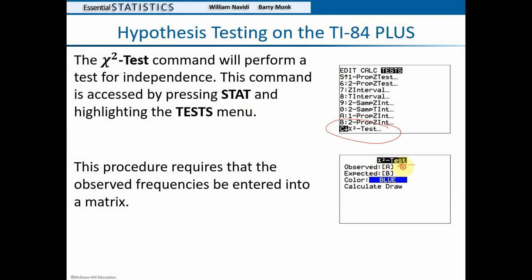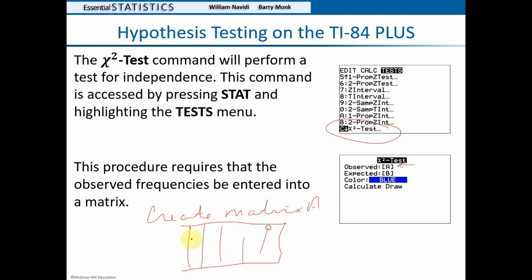All we need to do is create matrix A. So rows by columns, these are rows and columns. Enter this thing out. Start entering these. These were the observed. So enter all of those.